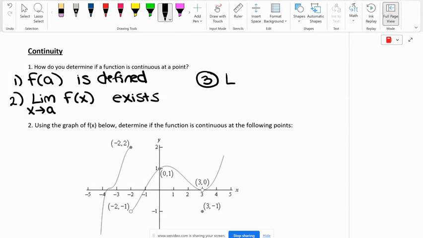And the third one, the limit as x approaches a of f of x is the same as f of a when it's defined. And this will all make sense once we start doing problems.